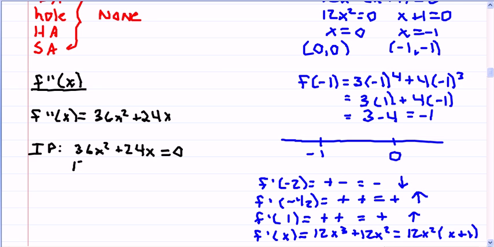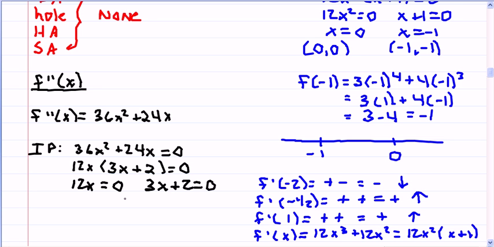And I factor out a 12x, and set each factor equal to 0. And I get x = 0 and x = -2/3.